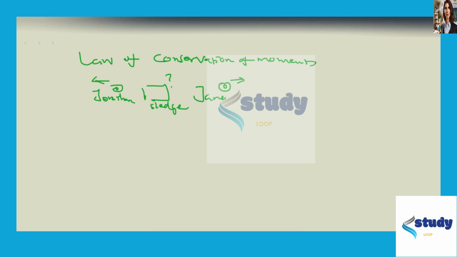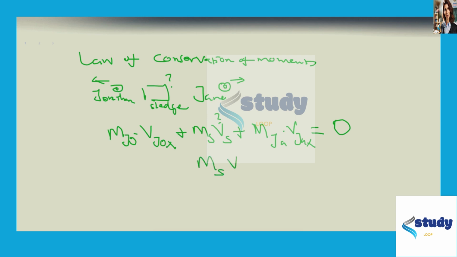In this case, we say mass of Jonathan times velocity of Jonathan in the x, plus mass of the sledge times velocity of the sledge, which we don't know, plus mass of Jane times velocity of Jane in the x. That's going to be 0 in terms of momentum because of conservation. Solving, we move these two to the right.